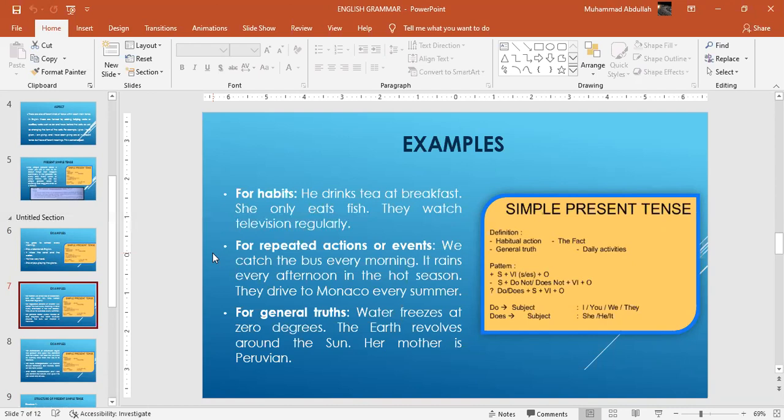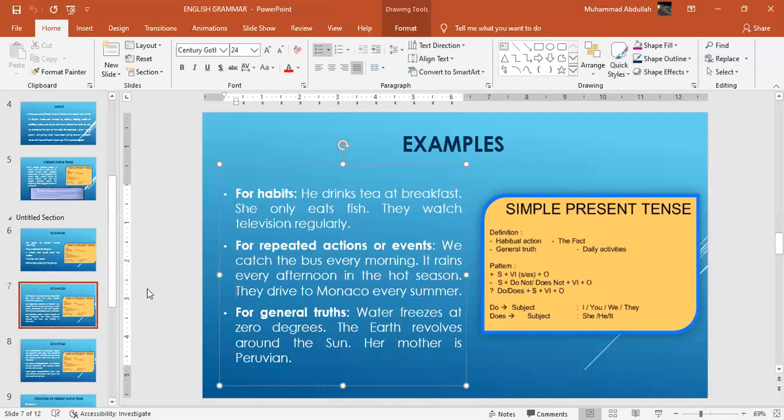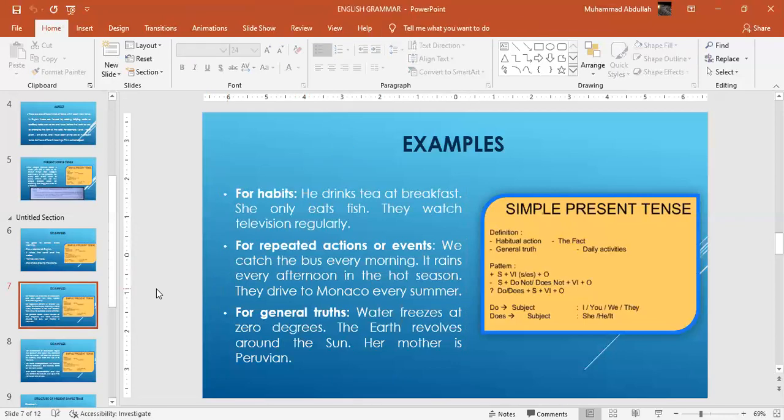And look at the verbs we use with all of them. Here the subject is we, and we have used the first form, catch. Here the subject belongs to the same category, they, so we have used drive, not drives. When will we use the S form? With he, she, and it. Here is the sentence: it rains every afternoon in the hot season. So it takes the verb rains. The S form is used with it.